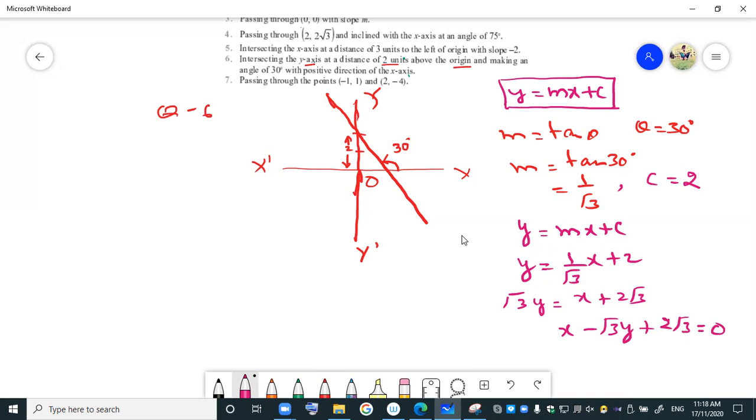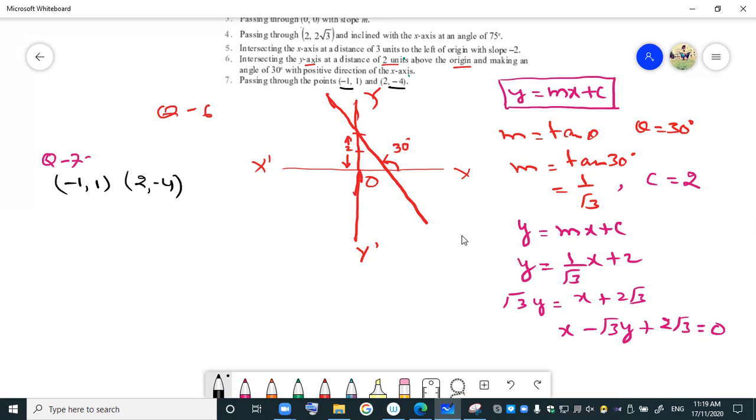Then question number 7. In question number 7, find the equation of a line passing through 2 given points. The first point is minus 1, 1. The second point is 2 and minus 4.